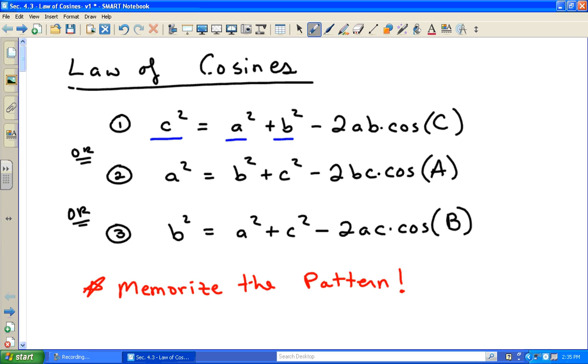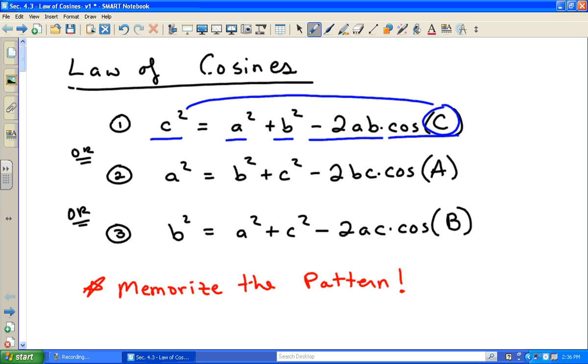Also in the formula, the next term is always minus 2 times the product of those two sides that are squared on the right-hand side. And then continuing on, the negative 2ab is going to be multiplied by the cosine of the angle that goes with the side that you started with.